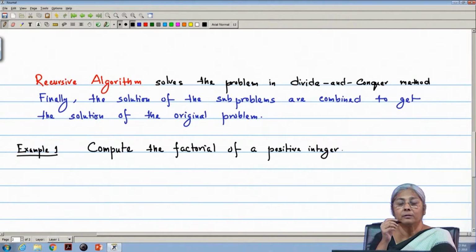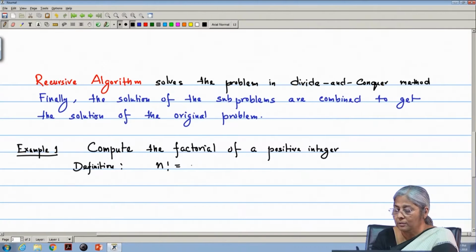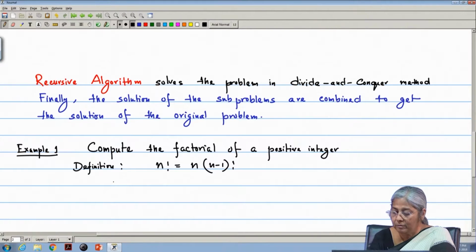Now, if we remember the recursive function, how do we compute the factorial? We know the definition of factorial: n factorial is n into n minus 1, n minus 2, the product of all integers up to 1.